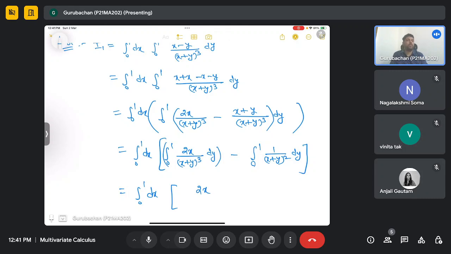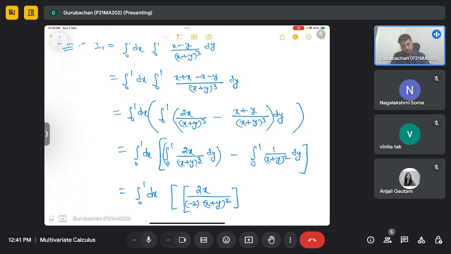And we know that the integral of y to the power n is y to the power n plus 1 divided by n plus 1, when n is not equal to minus 1. Since here n is minus 3, we can write it as (x plus y) to the power minus 2 divided by minus 2, since minus 3 plus 1 is minus 2.